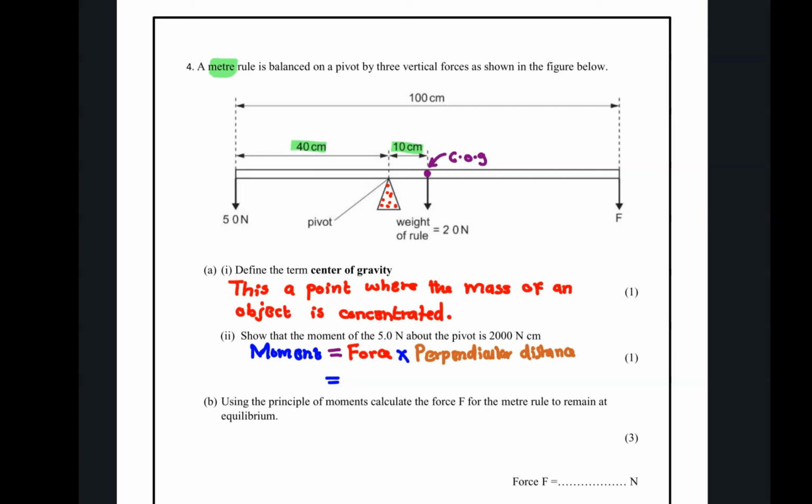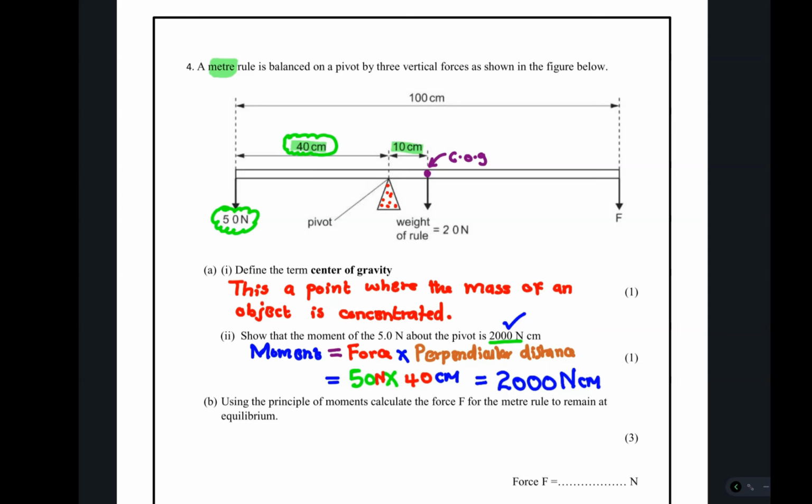Next, using the principle of moments, calculate the force F for the meter rule to remain at equilibrium. Now, I want you to be very, very keen here. The pivot is placed at the 40 centimeter mark from one end.